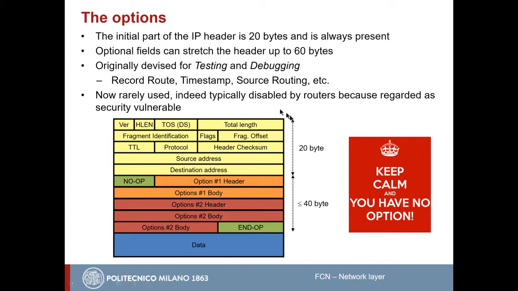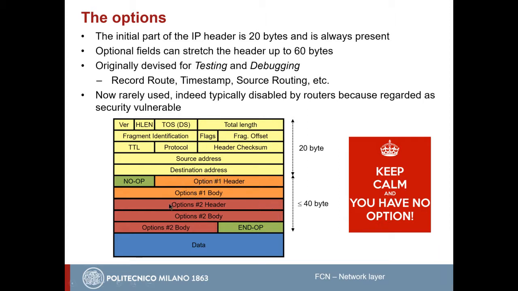For example, with source routing, you can write a list of routers that the packet should cross, but when you send the packet in actual networks, it will not be routed on the basis of this, unless you configure the routers to enable source routing. But in this case, you have to be the manager of all the routers that the packet is crossing. So we will not go into the details.